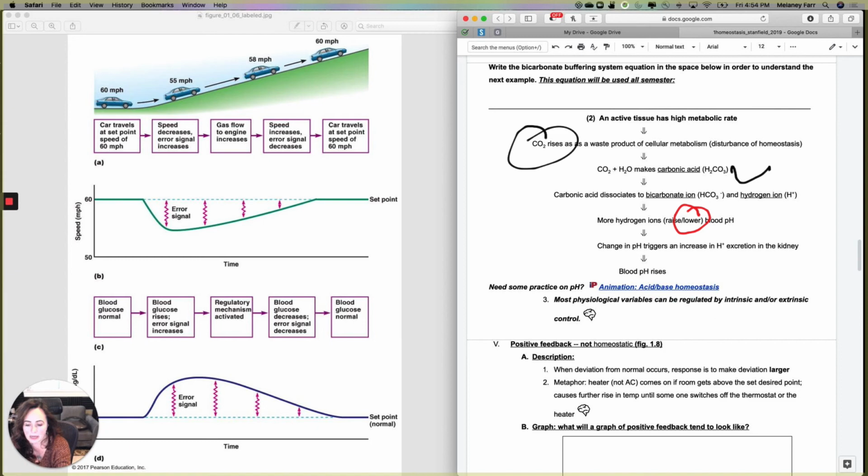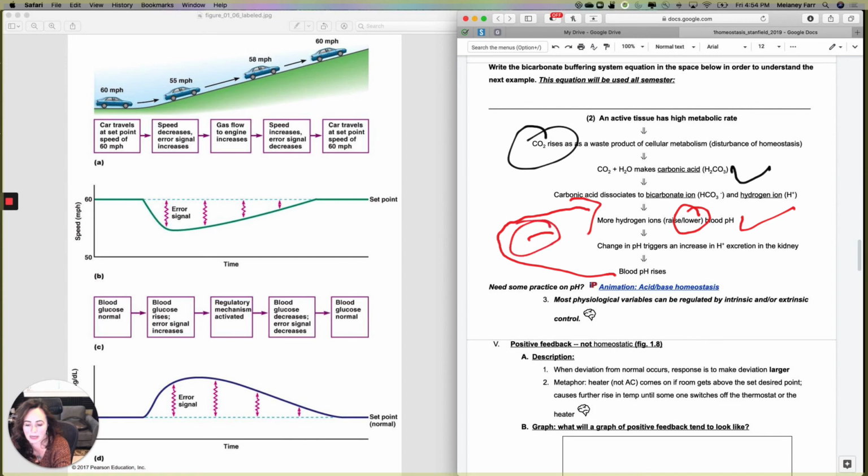And then what will happen is the blood pH dropped, right? It lowered right here, and then I fixed it automatically with the kidney, and then the blood pH will rise again. And as the blood pH rises, I can feed that back so that the kidney will know that I don't need to do that anymore.